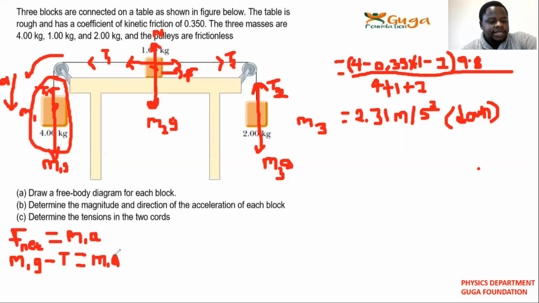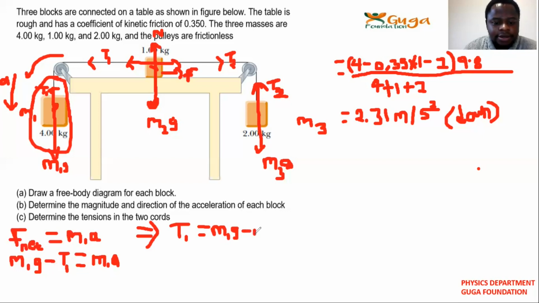Now make T the subject of the formula. You can transfer this M1 A to the right-hand side and take this to the other side, so you will end up getting your tension T, in this case T1, which will be equal to M1 G minus M1 A, right?